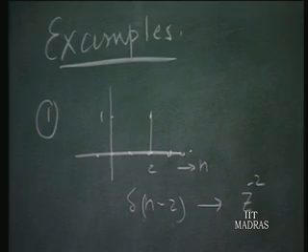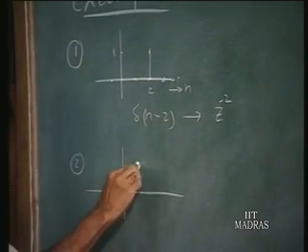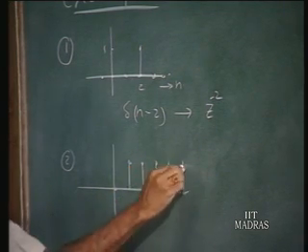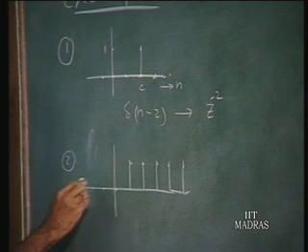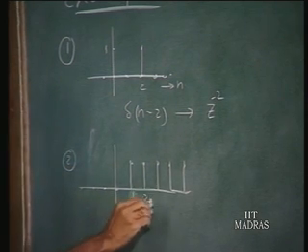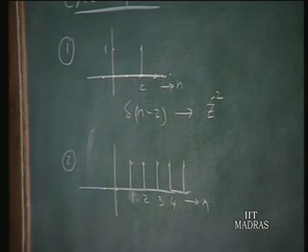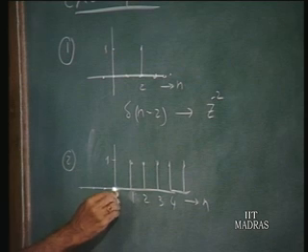and that is all, that is the z transform of this. Similarly, suppose you have a function which is like this, 0 everywhere for n less than 1, and for n 1 and beyond it is equal to 1. So this is also 0.